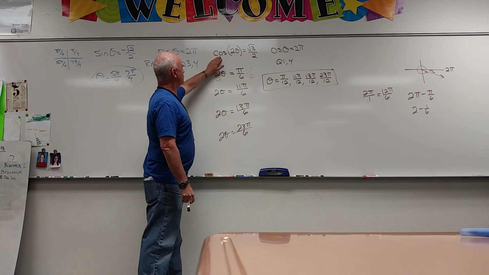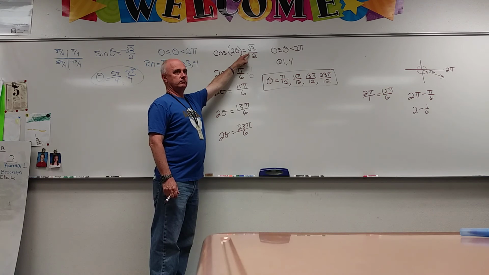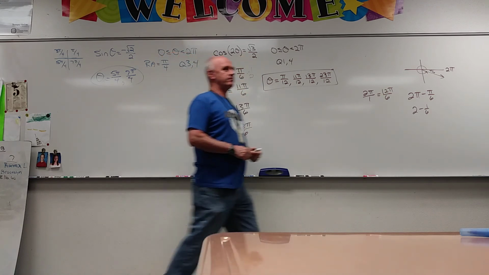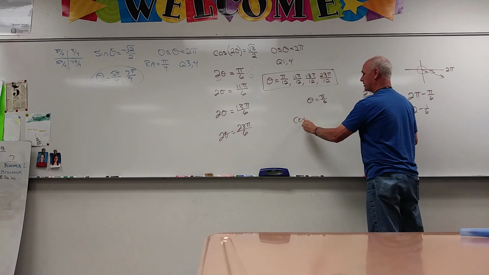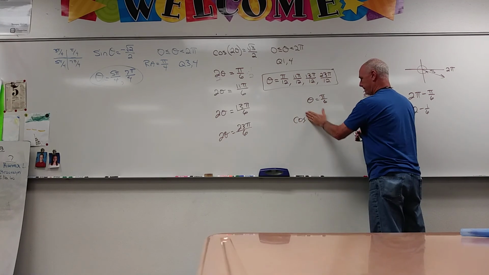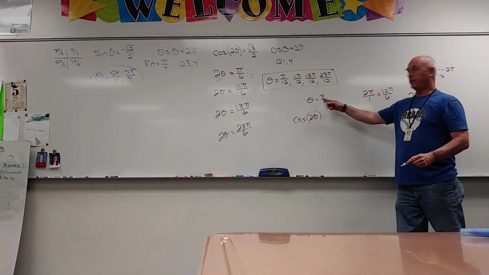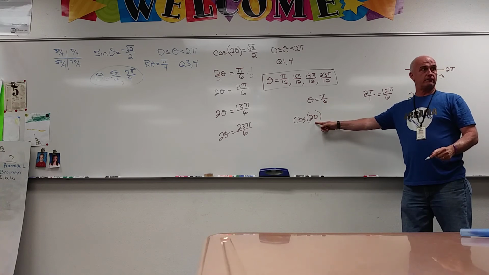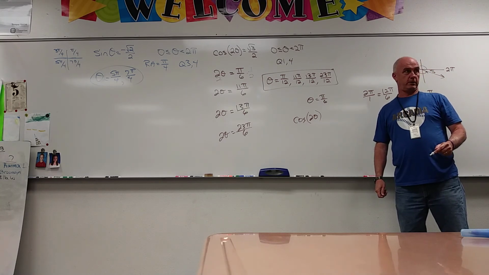But cosine of pi over 6 is square root of 3 over 2. But if we said that theta was pi over 6, then tell me about the cosine of 2 theta. If theta is pi over 6, then 2 theta is 2 pi over 6, which is pi over 3.